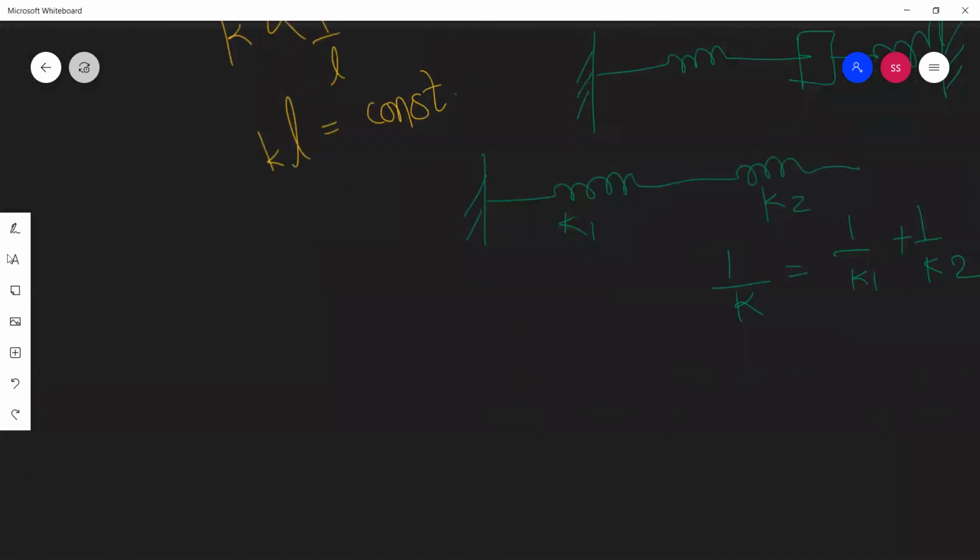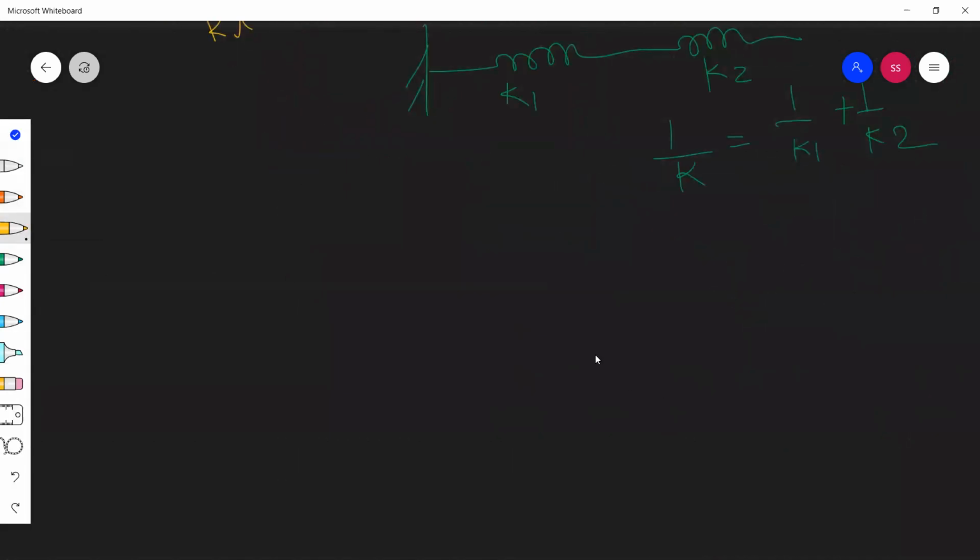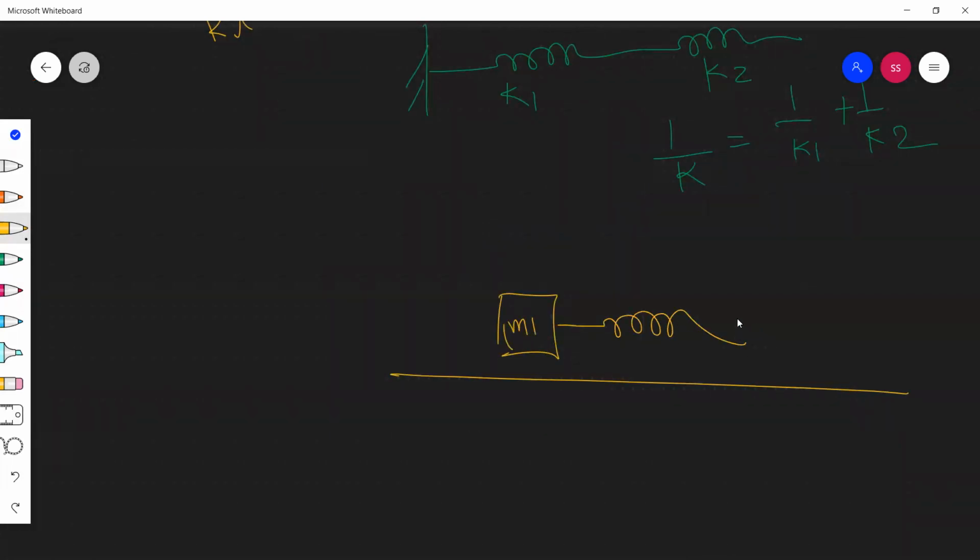Next point is, होता है sometimes कि कुछ इस प्रकार से आपको दे दिया. This block is M1, here is the spring, and here is the block M2.